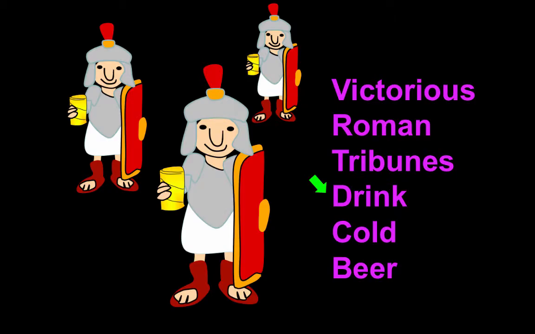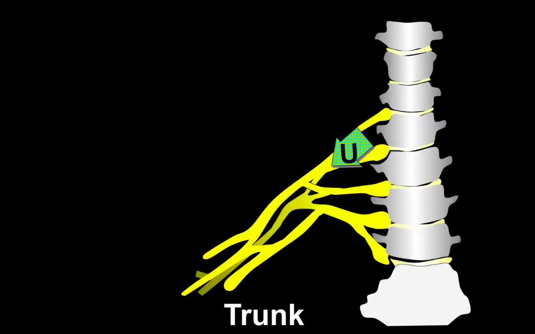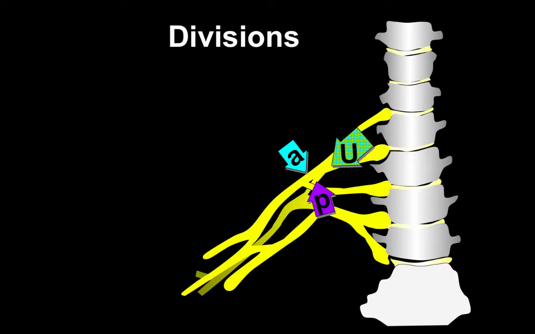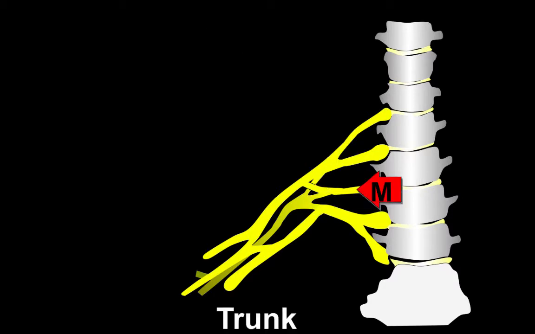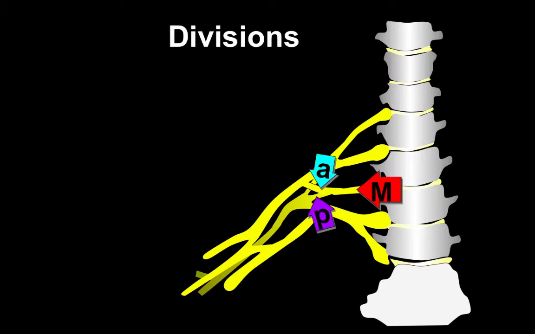Next, I use the first letter of the word Drink, D, to remind me of the divisions. The upper trunk divides into the anterior and posterior divisions. The middle trunk divides also into the anterior and posterior divisions.